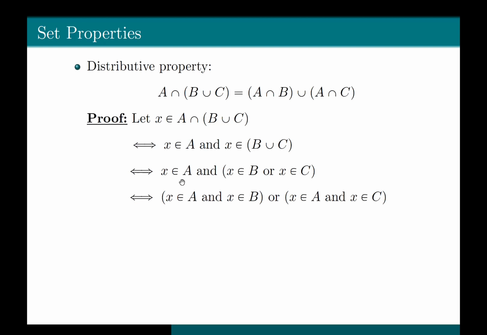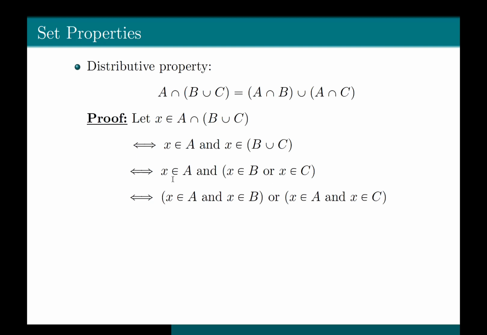So we have X belongs to A. In the third line, we have X belongs to A and X belongs to B or X belongs to C. This "and" means X belongs to A and X definitely has to belong here because we have an "and". But out of these two, if X belongs to either of these sets, then it would work.